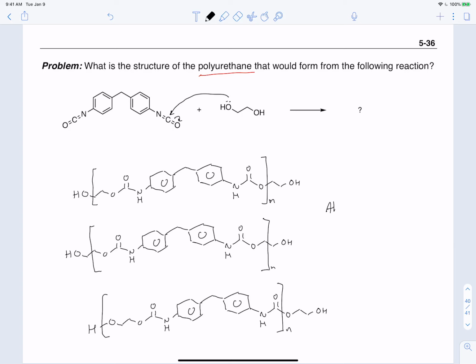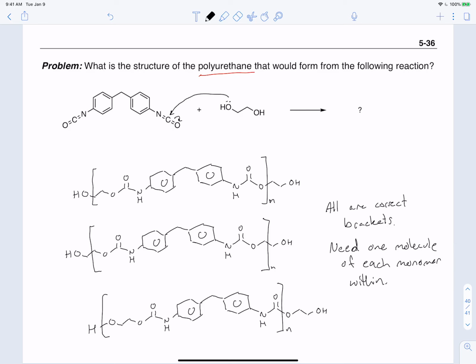So all our correct brackets need one molecule of each monomer within.